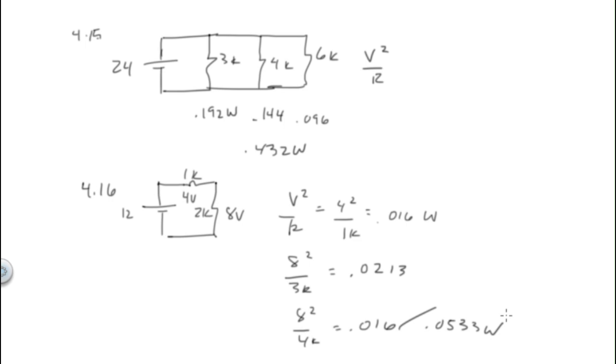Number 17. With the power supply of figure 421A, assume R Thevenin is equal to 0. Find the power dissipated if the voltage is set to 10 volts, 30 volts. So this is number 17. If the R Thevenin is 0, find the power dissipated if voltage is set to 10 volts.